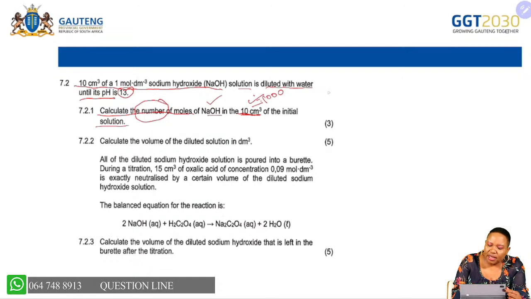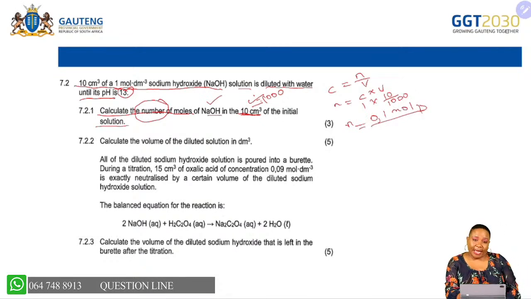So we are going to say C equals N over V, according to the data sheet, whereby N is C multiplied by V. The concentration is given as 1, multiplied by 10, divided by 1,000, and we find the number of moles as 0.1 mole of sodium hydroxide. As you use your calculator, you are going to find this answer.